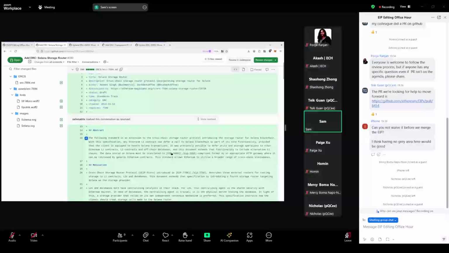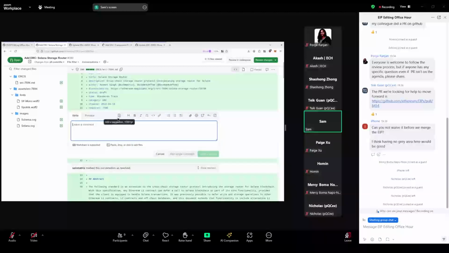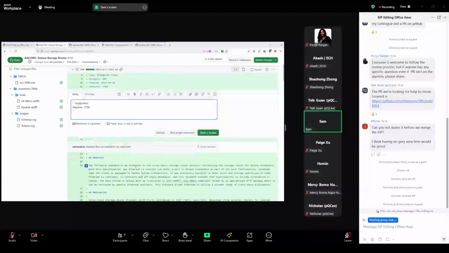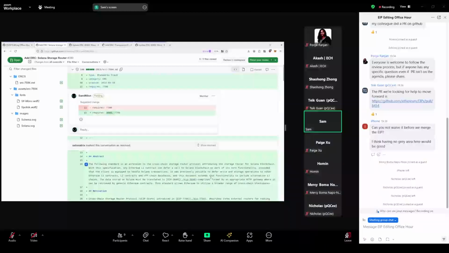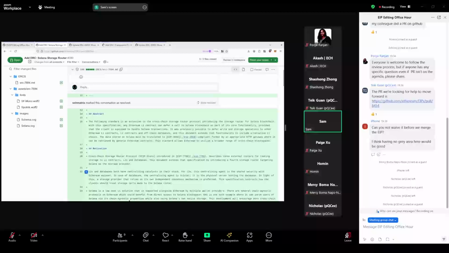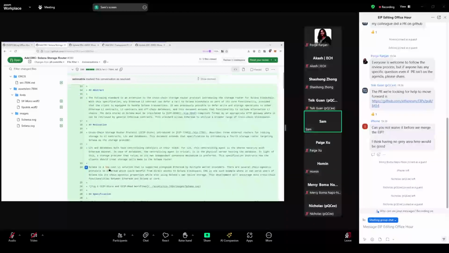Just EIP 3668. Okay, so need 3668 compliant format by an appropriate HTTP gateway where it can be retrieved by generic Ethereum contracts. Okay, cool. It describes external routers for routing storage, with a storage router targeting Solana as a storage provider.